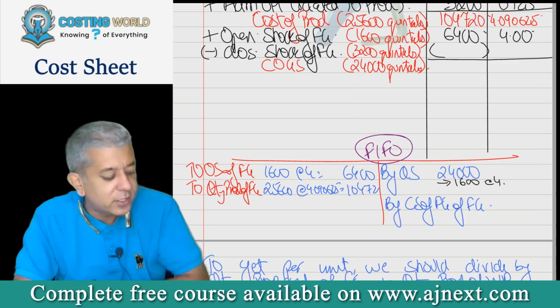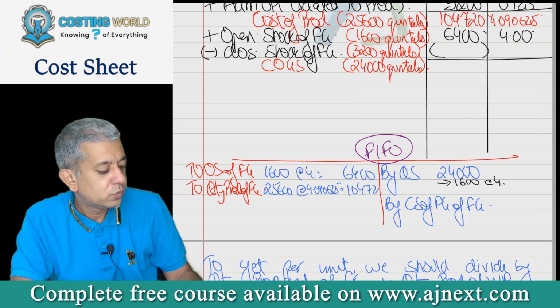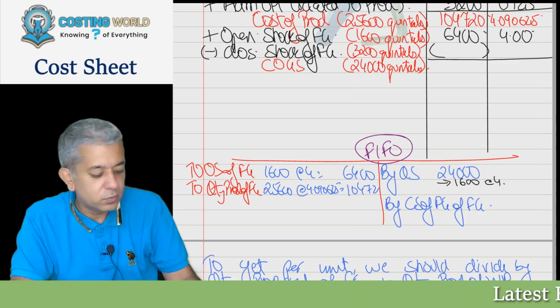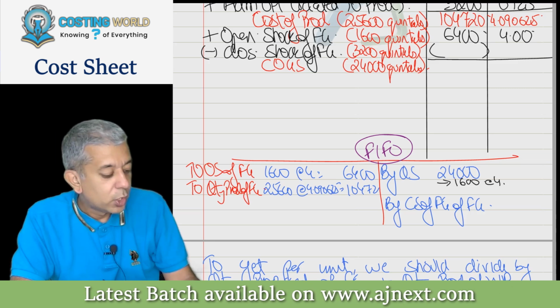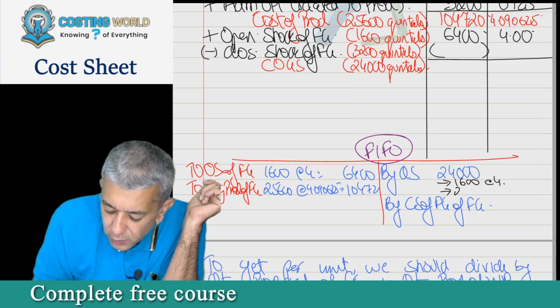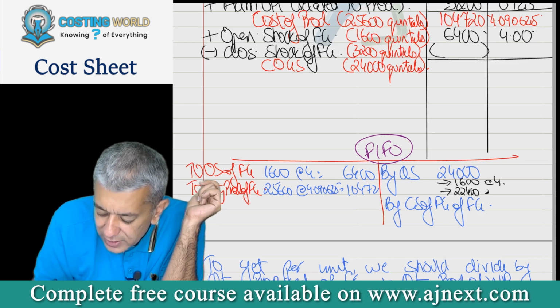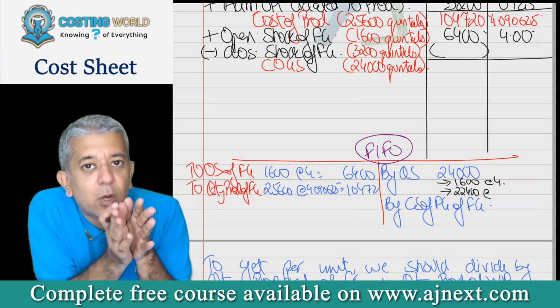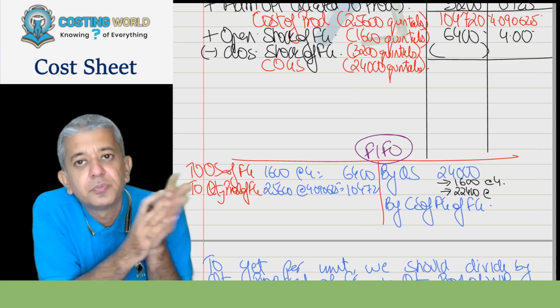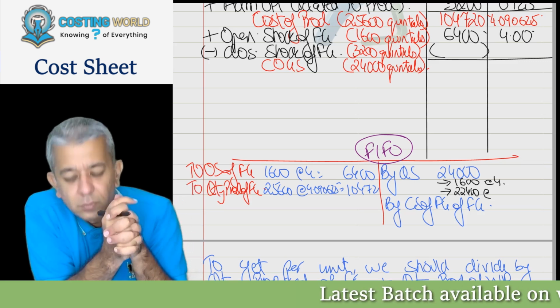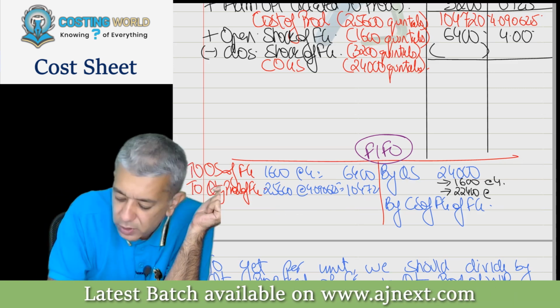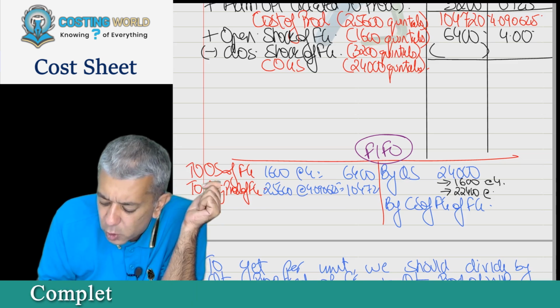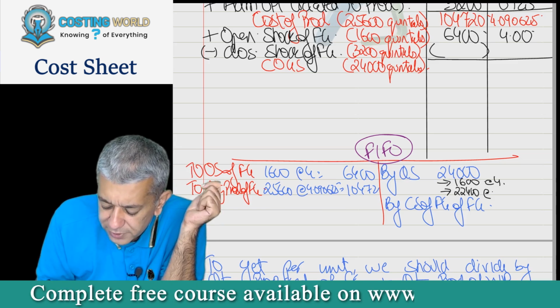Pick up your calculator, 24,000 minus 1,600. So left is how much? 22,400. Can we say this 22,400 must have been out of 25,600, no? Yes, sir. So this must be out of this here. So you tell me the cost over here for 22,400.